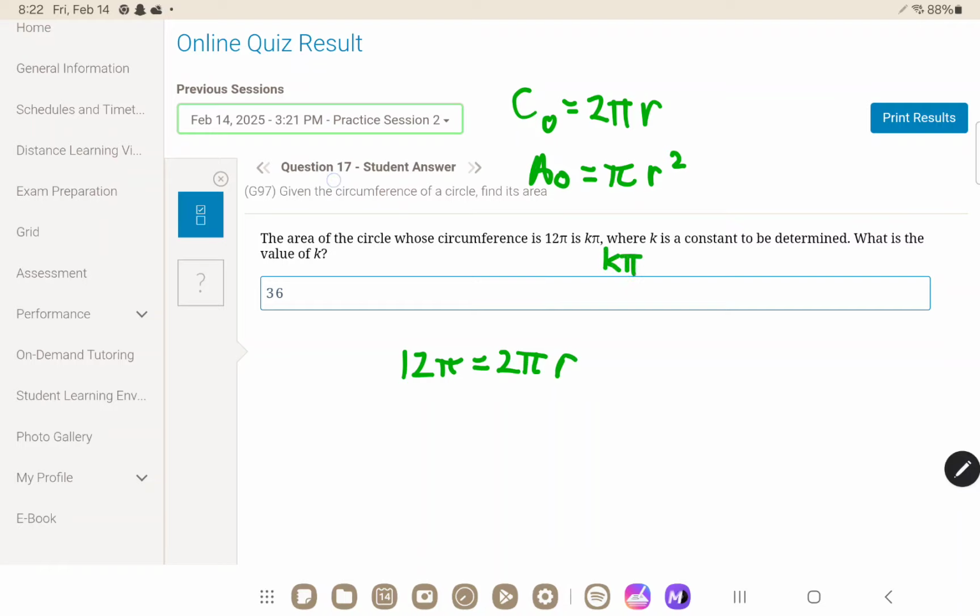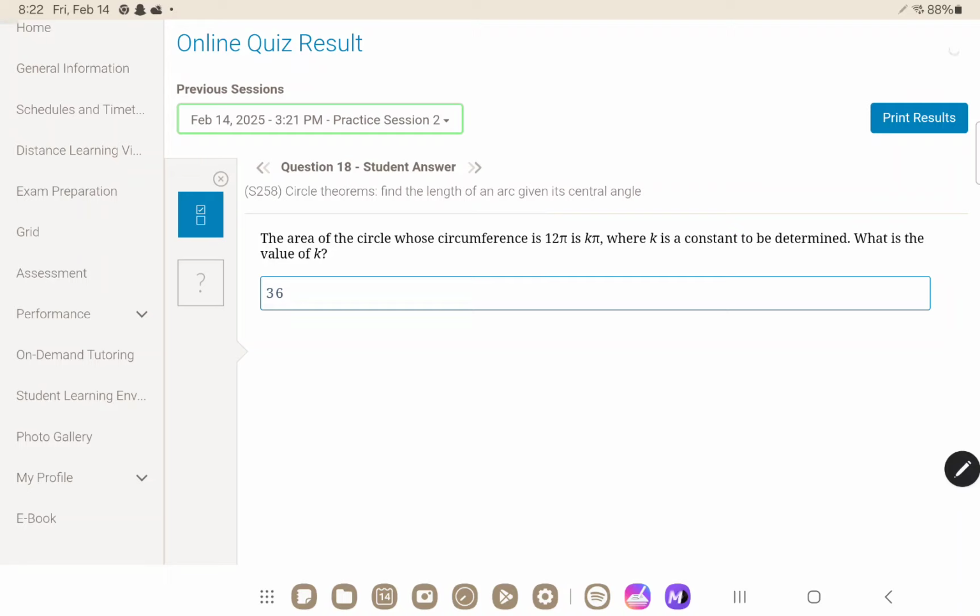What is k? Now to find the area we need the radius. To find the radius you use the circumference. So 12 pi divided by 2 pi is 6. So your radius is 6. Now we use our new radius in this equation. So r squared, which is 6 squared times pi, 6 squared is 36. And they don't want you to keep it in k pi, so 36 pi. That's your answer. Now, moving on.